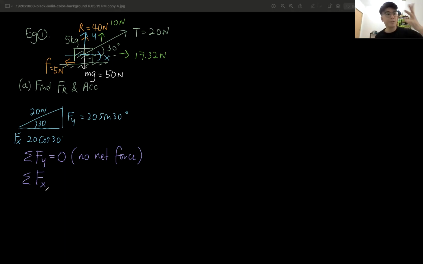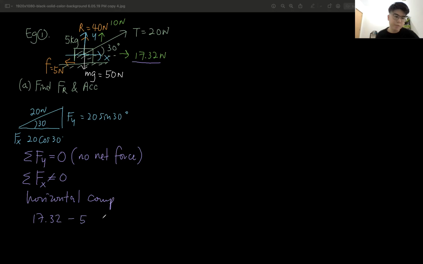Do we have a net force horizontally? Yes, 17.32 minus 5. So this is not 0, it has a value. The horizontal component is 17.32 minus 5, so 12.32 Newton. Where is it acting? To the right. That is my net force.